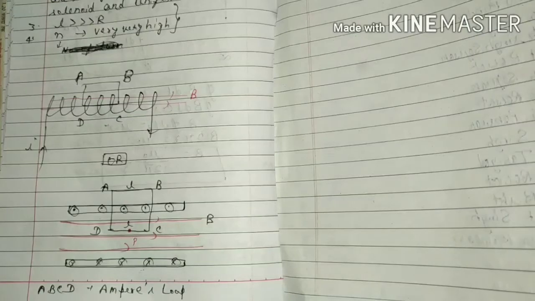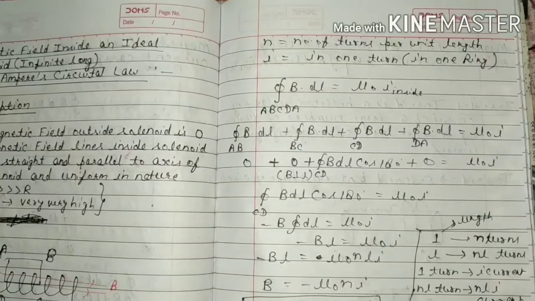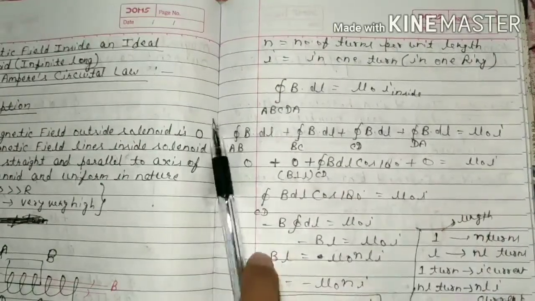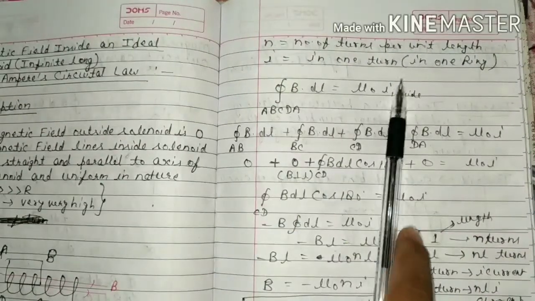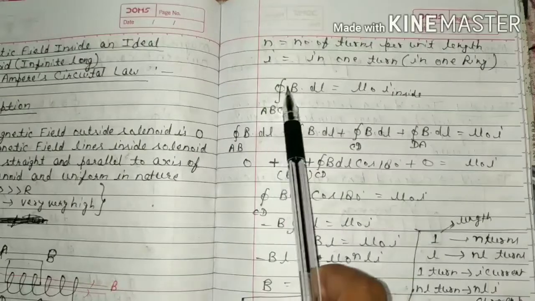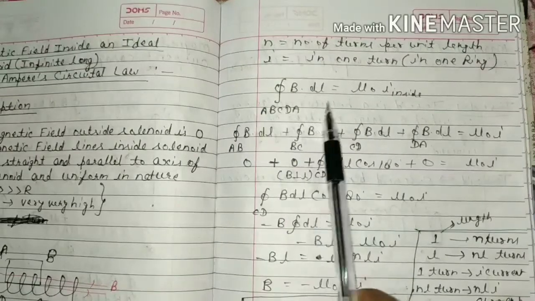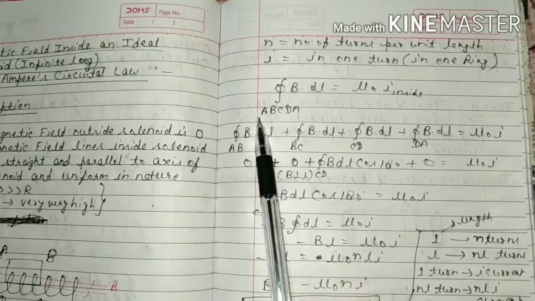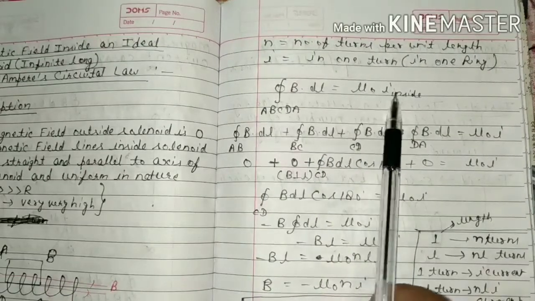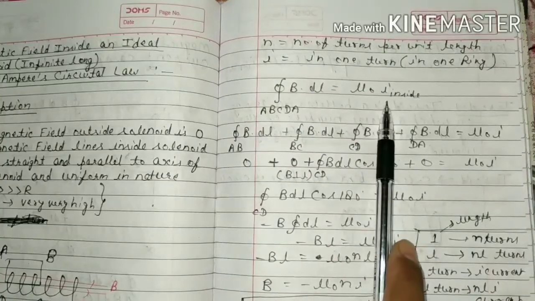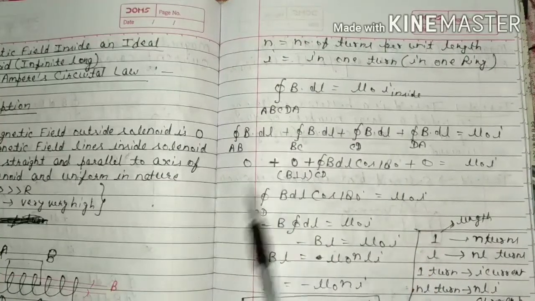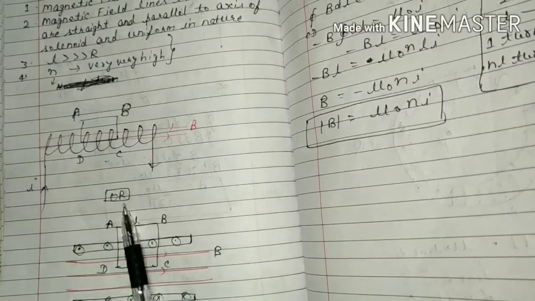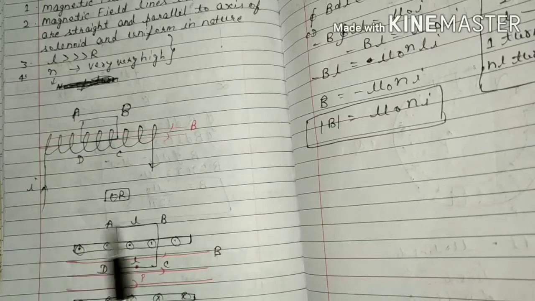Now we use Ampere circuital law. Let n be the number of turns per unit length, and I the current in one turn. Ampere circuital law is line integration of B dot dl equal to mu naught I, where I is the current inside the loop, and our Ampere loop is ABCDA.